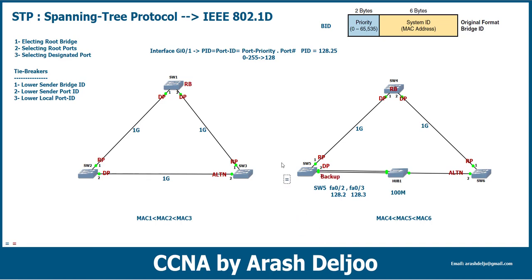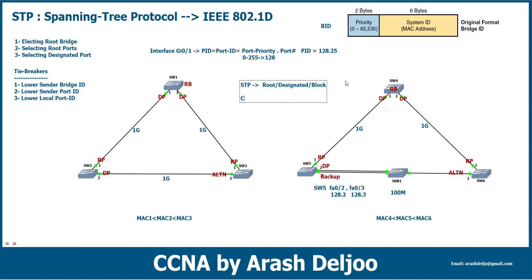Look at here. In the standard STP, or the traditional STP, we have these roles: root port, designated port, and after that block port. On the state, we can say that root and designated ports have the state of forward, and the block has the state of block.